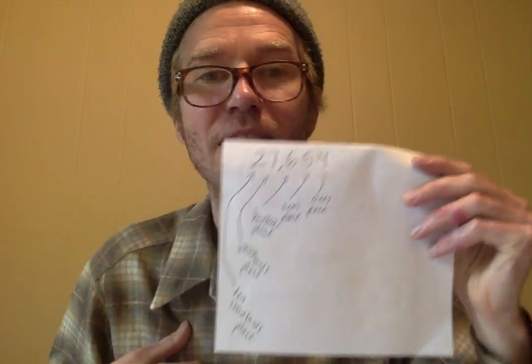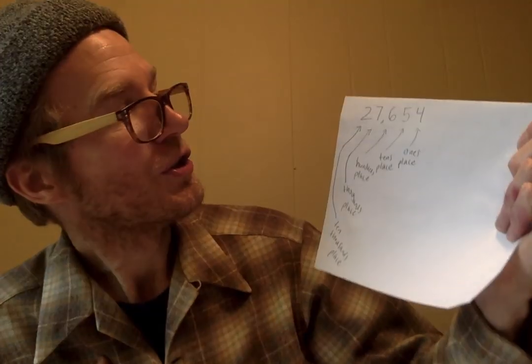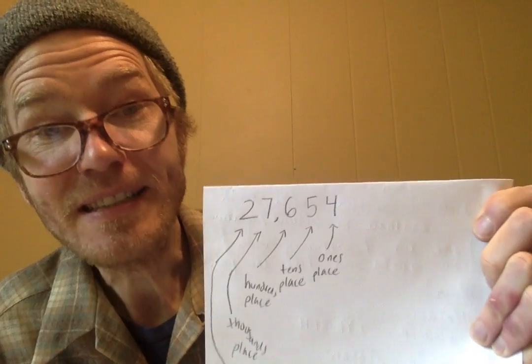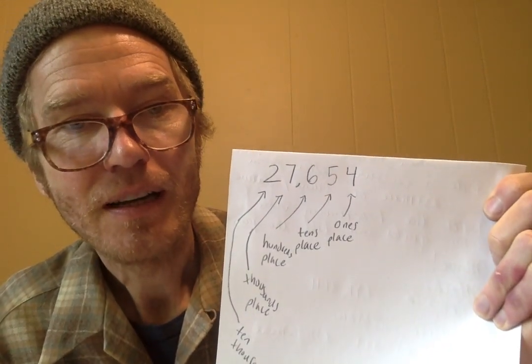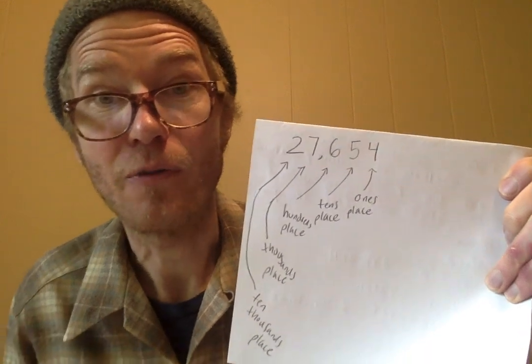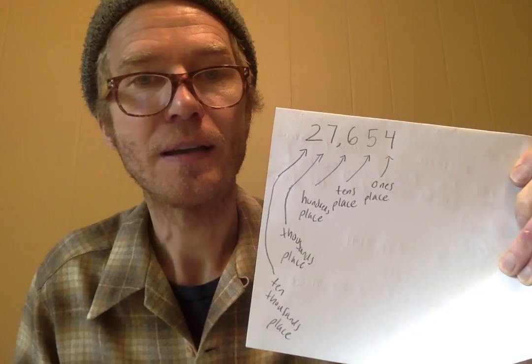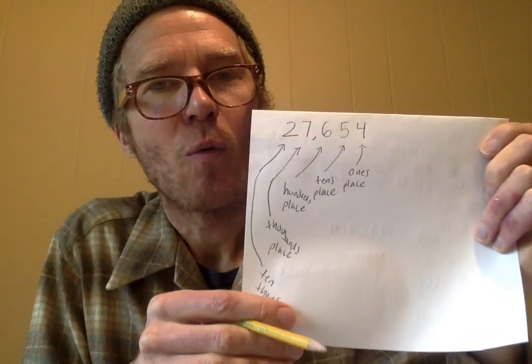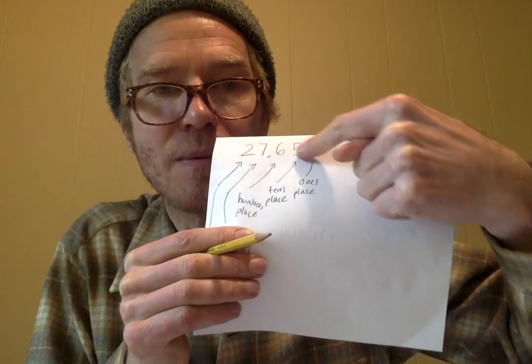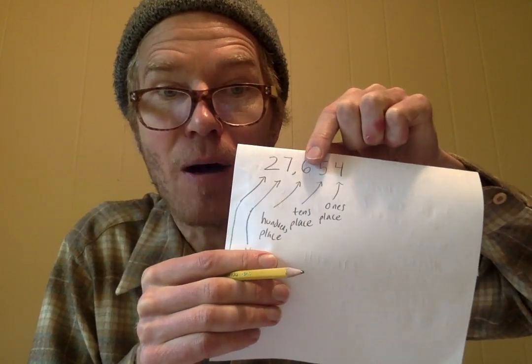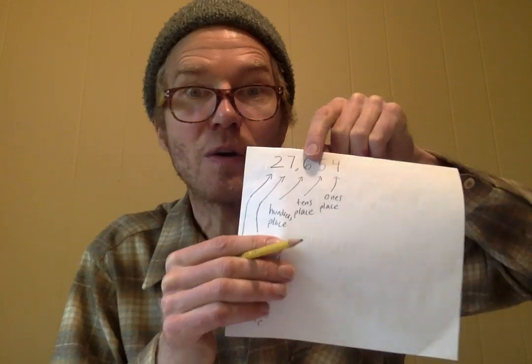So right now this number looks like this. It says 27,654. So this is all stuff we've done before. This should be review for you guys. But what we're going to be talking about today is what happens when the numbers keep going and they get smaller than 1. So what if it looks like this?